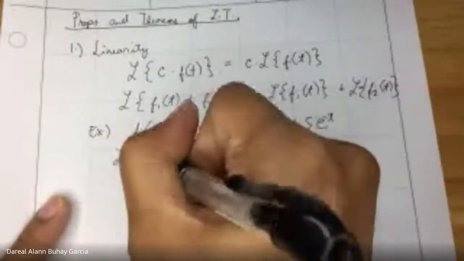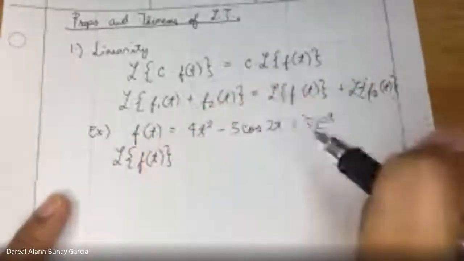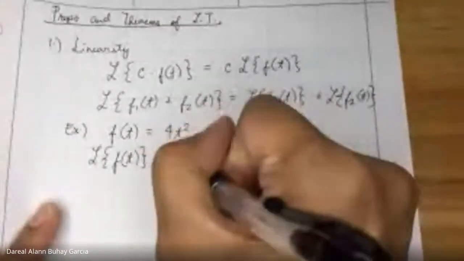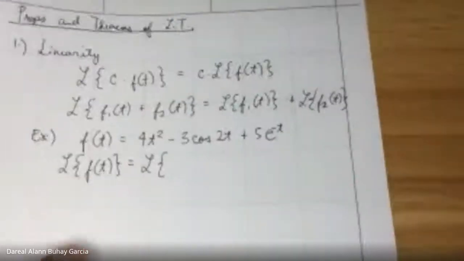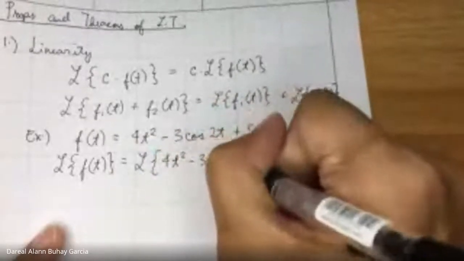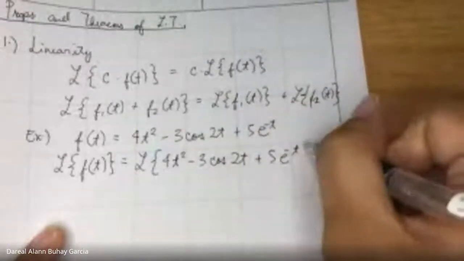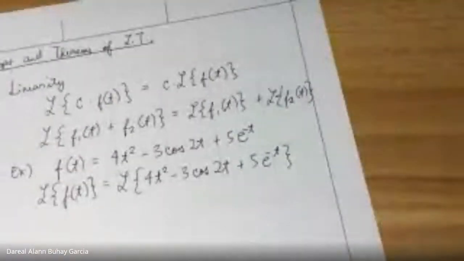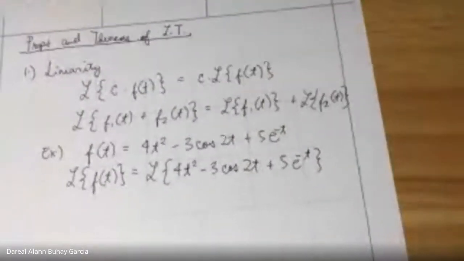The Laplace transform of f of t is equal to the Laplace transform of this whole thing, 4t squared minus 3 cosine 2t plus 5e negative t. Maybe you'll find this redundant, but it's better so I can stress my points. We can use the table, but first, let's apply the linearity property.